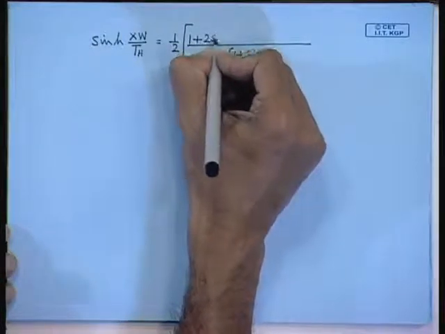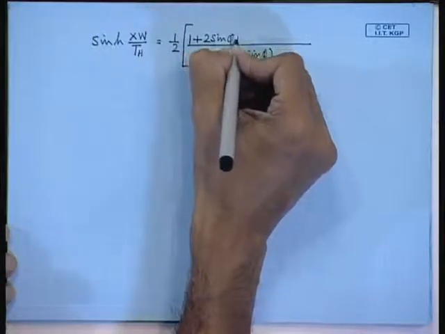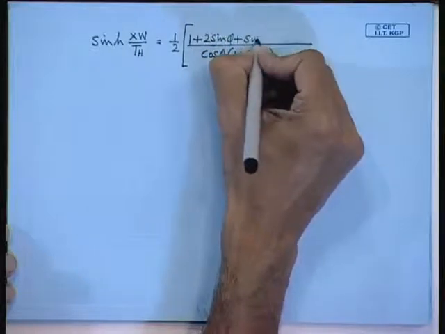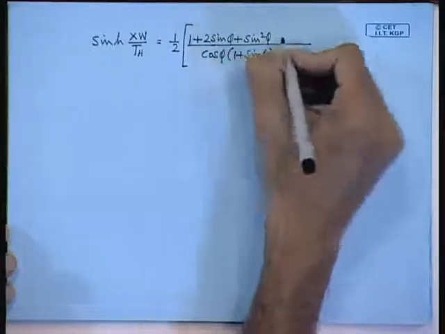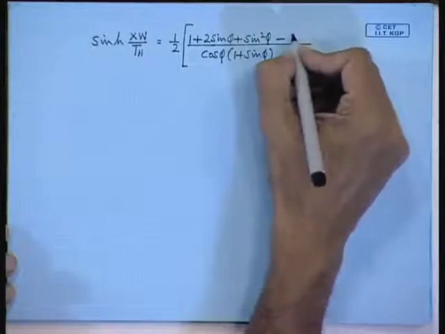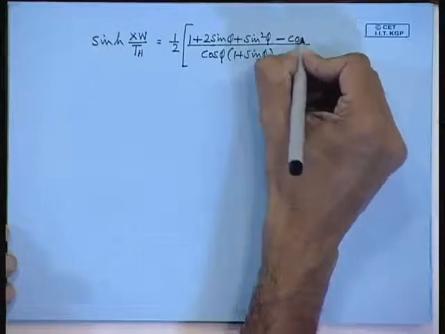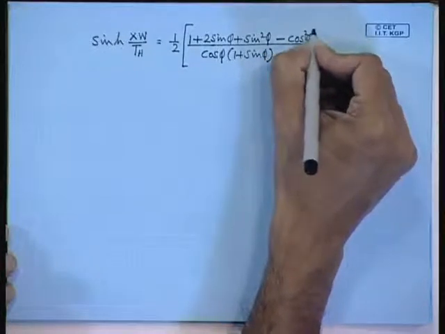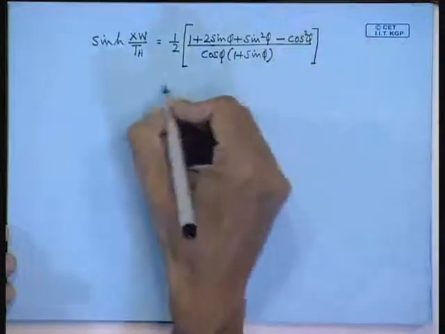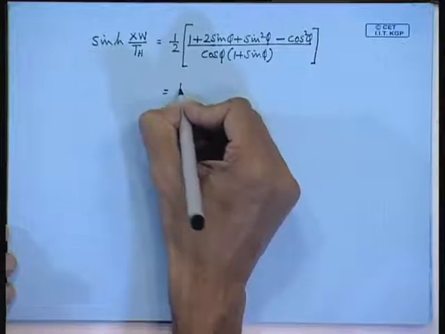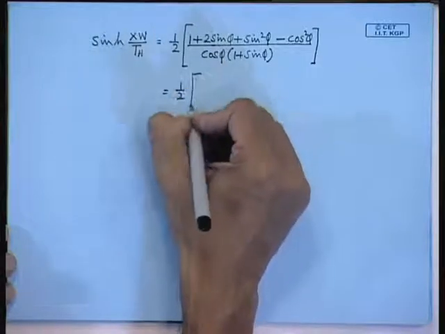And on top you will get 1 plus sin phi whole square, this will be how much? 1 plus 2 sin phi plus sin square phi, and this one will be cos square phi. So this we are getting half.